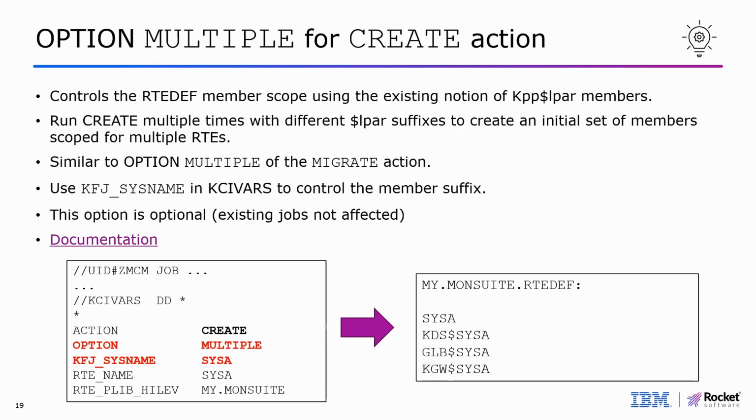So this is where the rationale came in to allow option multiple also with the create action. So effectively you say create option multiple KFJ sysname sys and it will create the boilerplate members using the respective sys suffix for you.